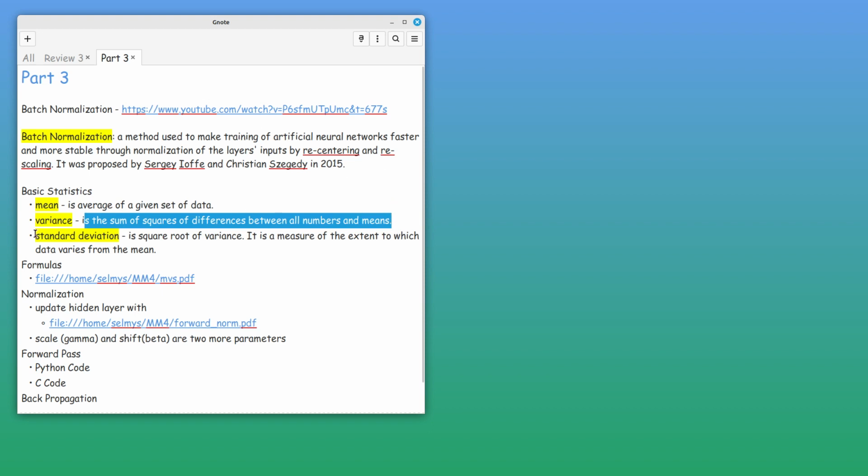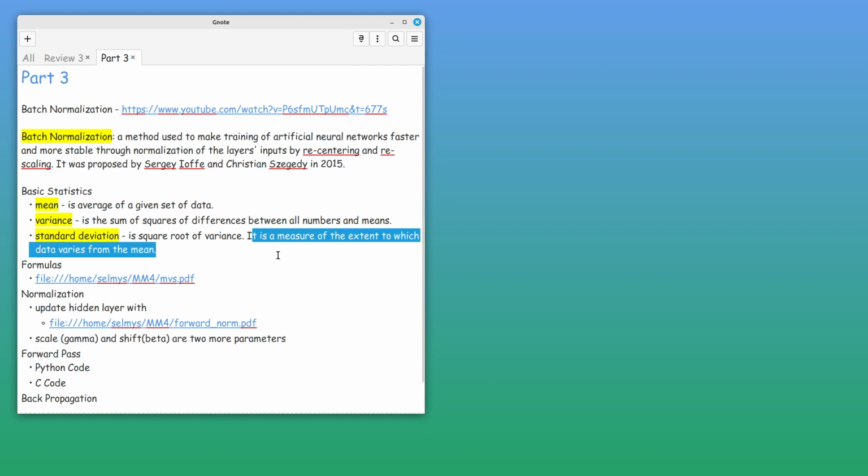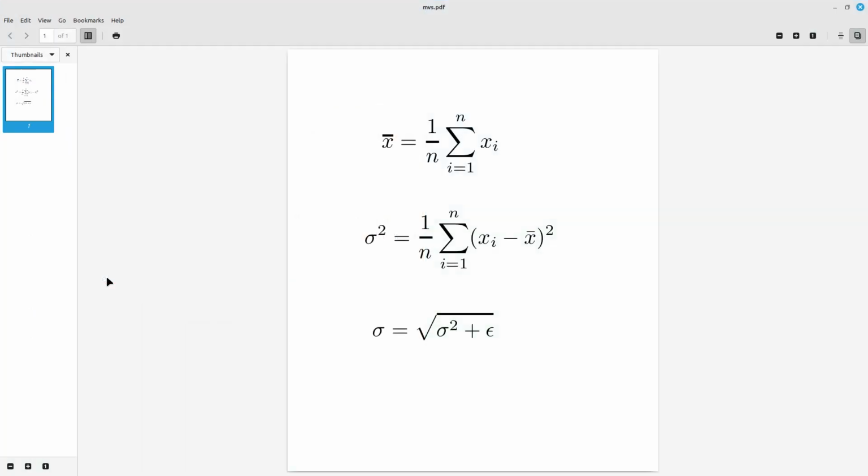And the standard deviation is the square root of the variance. It's a measure of the extent to which data varies from the mean. For mean, variance, and standard deviation, I put together a little PDF here, a little bit too big.